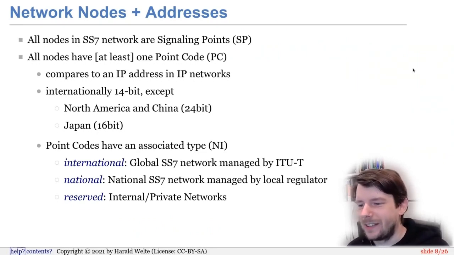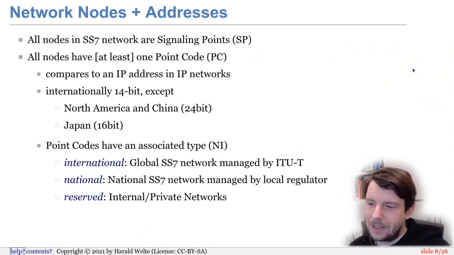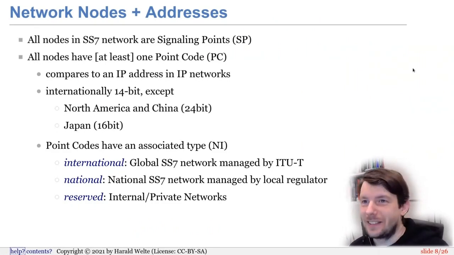Interestingly, these addresses have a different length depending on the country or region you're in. So internationally, between countries at the international interworking interfaces between operators, there are 14-bit ITU-T point codes, whereas North America and China have decided to use 24-bit point codes, and Japan decided 16-bit is an interesting compromise in between.